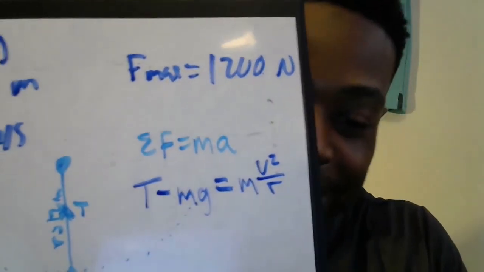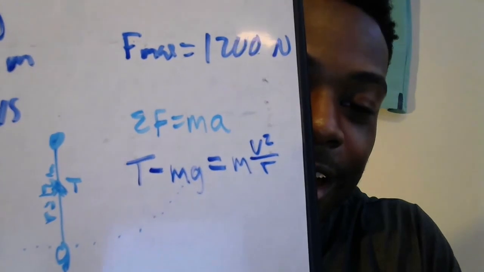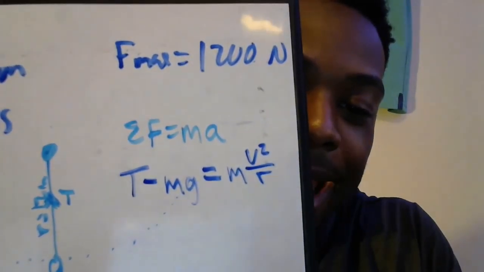So we've got tension minus weight equals mass times v squared over r. Pretty straightforward. Look at your notes, and look at Espino's video and Daniel's video. If you've not got that, make sure you do, because that is very critical to your success on this next exam.